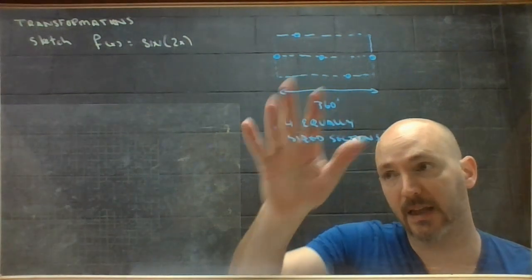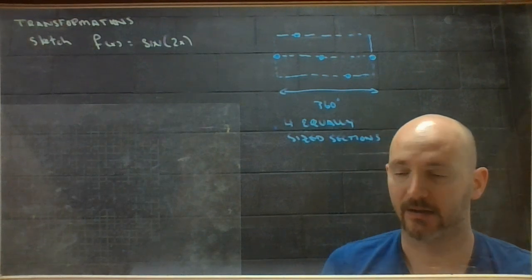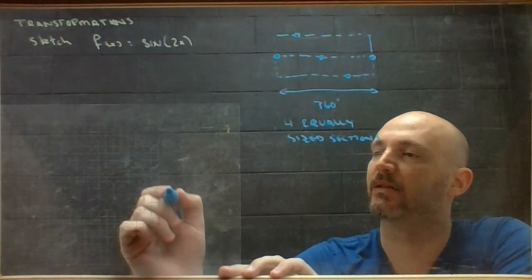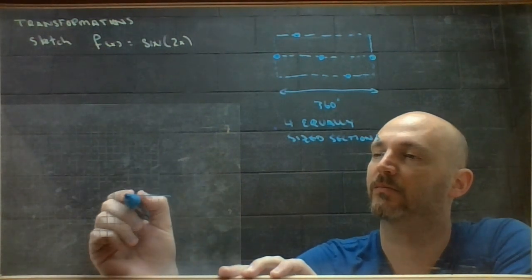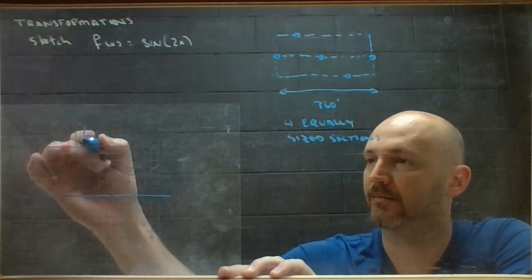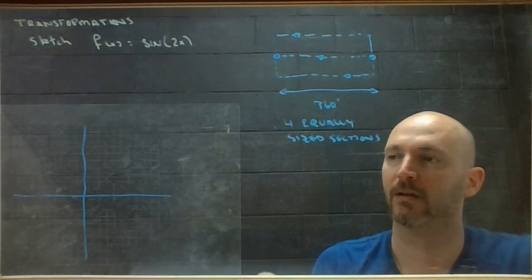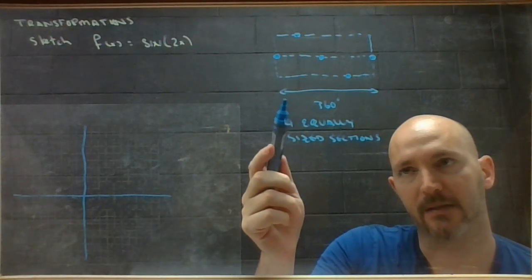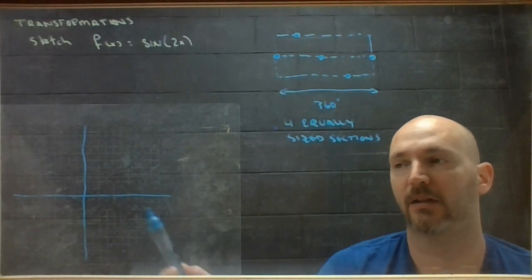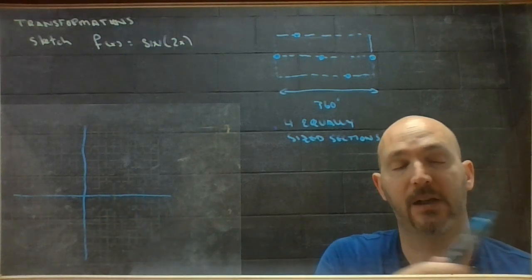So I need to get that box onto this grid here first. So I'm going to draw myself an axis, like so. Y-axis. Now this shape is 360 units long. If I use a scale that goes 1, 2, 3, 4, 5, I'm never going to get there.